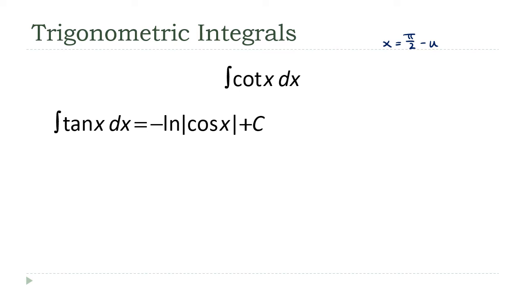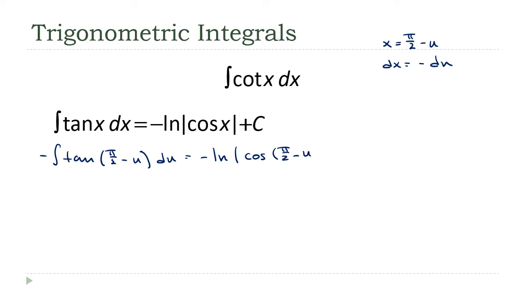Then this becomes the integral of tangent of pi over 2 minus u. And what is dx? Well, dx is negative du. So I'll put negative du in here. And this equals negative ln absolute value cosine of pi over 2 minus u plus a constant. Now, here comes the cool part.